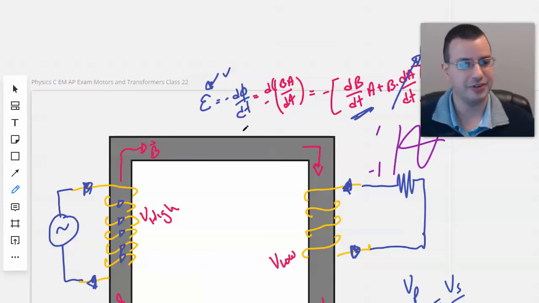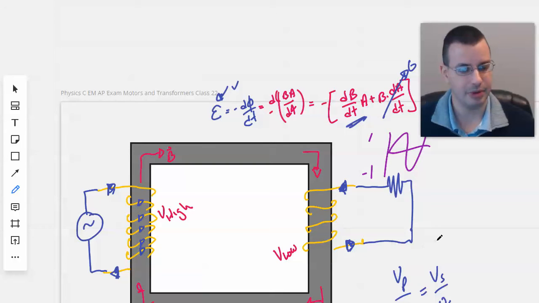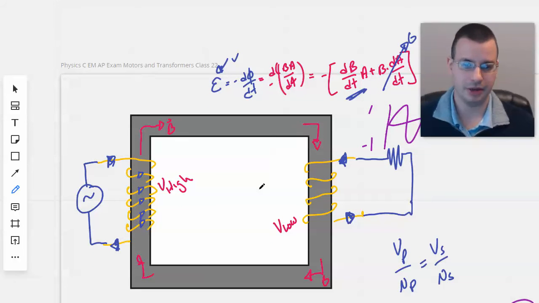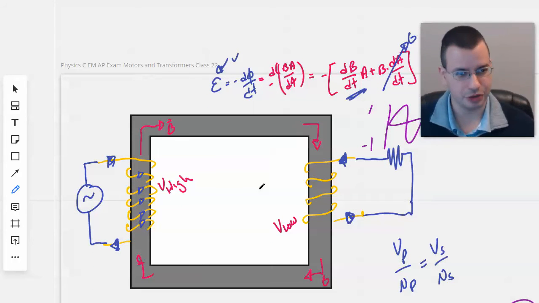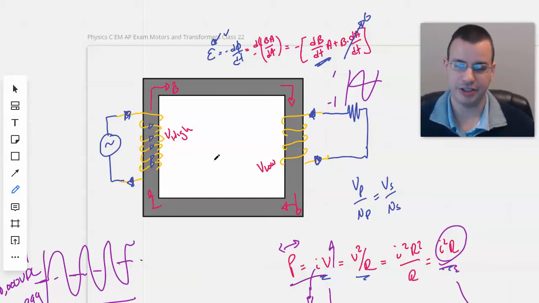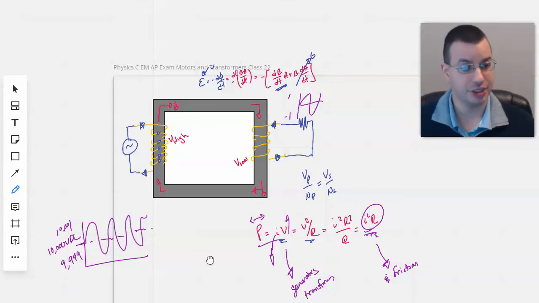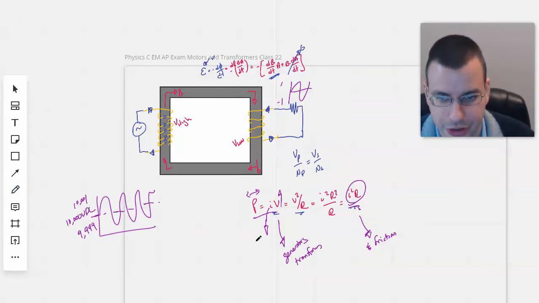So your negative dΦ/dt, your change in flux or magnetic field with respect to time, will only be from the alternating current, not from the direct current. And one of the other benefits of a transformer is it can isolate from your DC current. So that's the idea behind transformers.